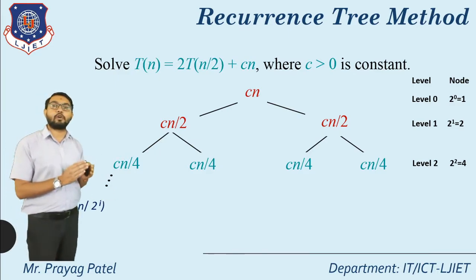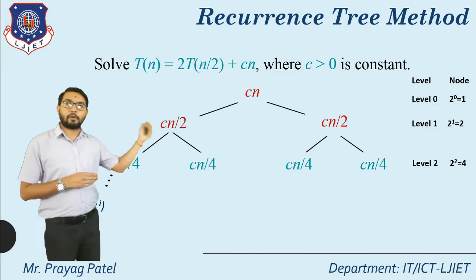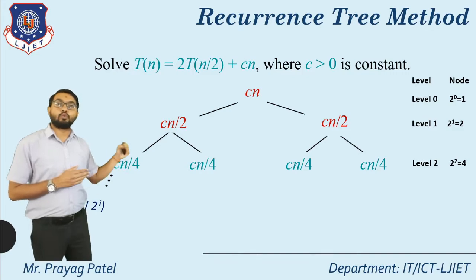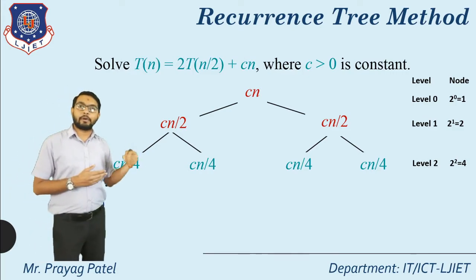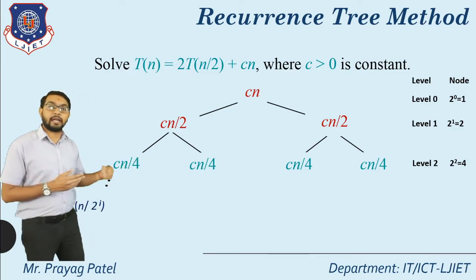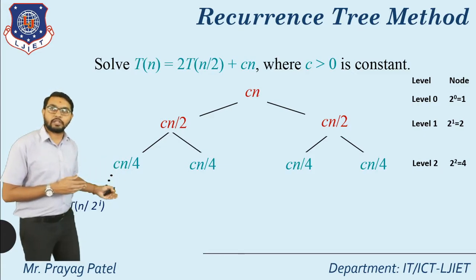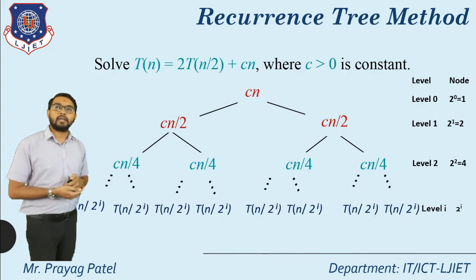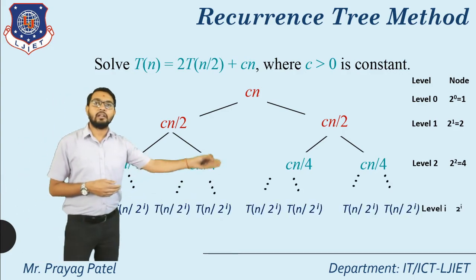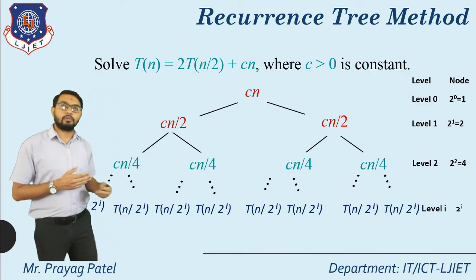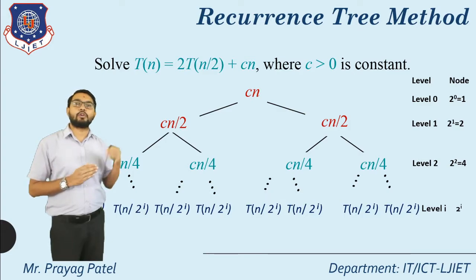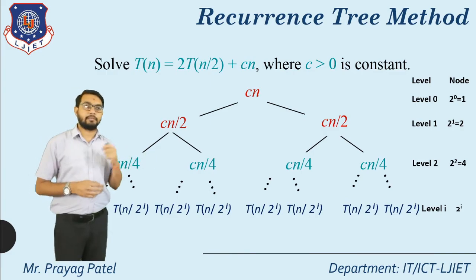T(n/2^i). Because when we perform this step 1 time we get n/2, 2 times we get n/2 raised to 2, and if we perform this operation i times, we get n/2^i. So the next step is T(n/2^i), and for all the nodes the i-th step is 2T(n/2^i).